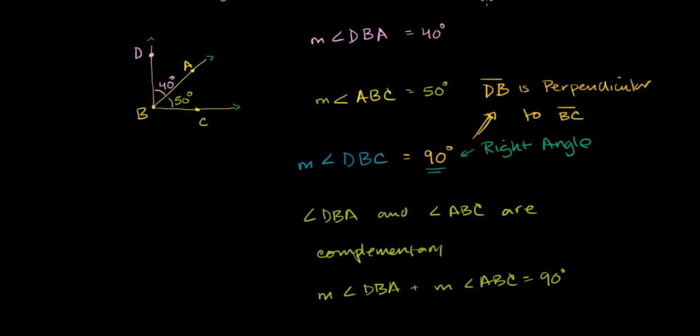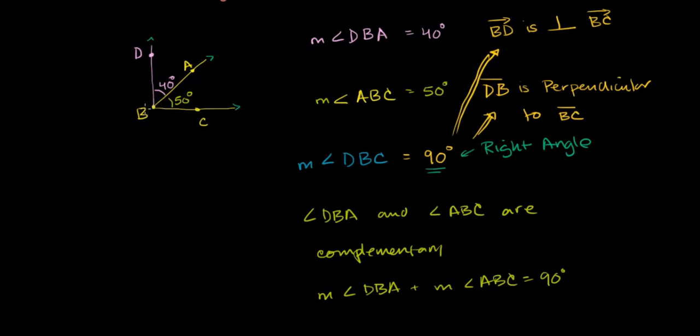Or we could say ray BD is perpendicular to BC, and there's sometimes this symbol right here, which really just shows two perpendicular lines. So all of these are true statements, and these come out of the fact that the angle formed between DB and BC is a 90-degree angle.